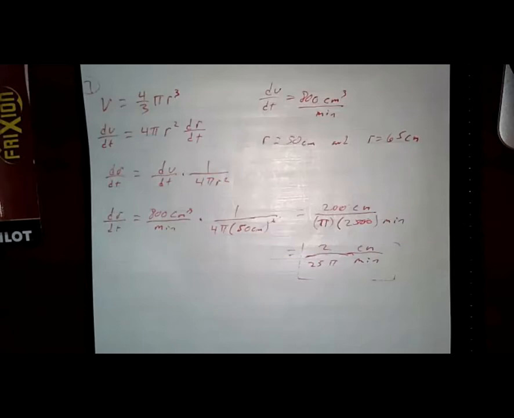Since r is squared, it won't be constant. It's going to be growing pretty quickly as you pump in air. Even though you're pumping air at a constant rate, the growth is r squared, right? The radius.